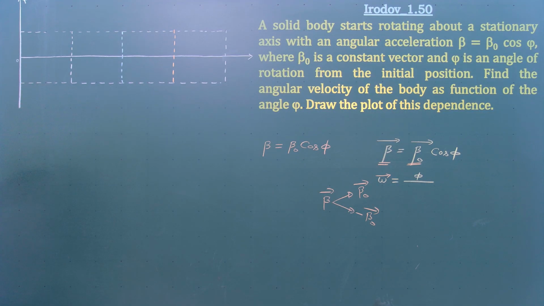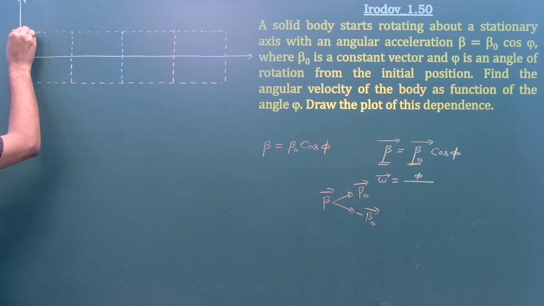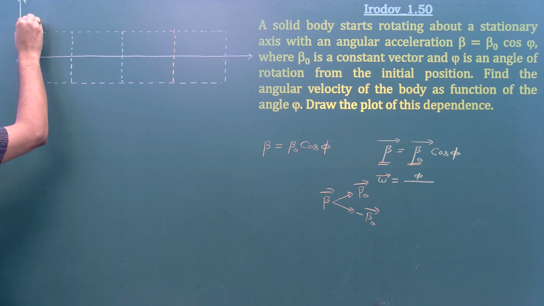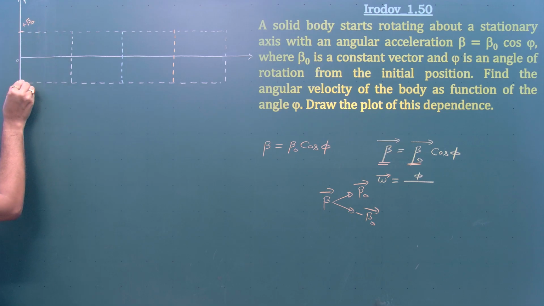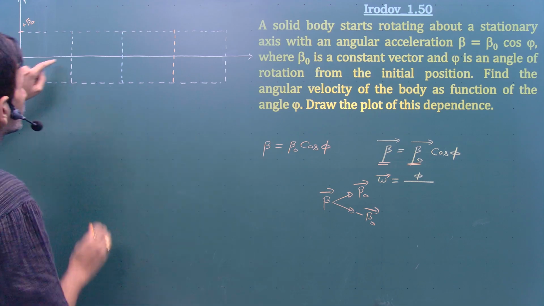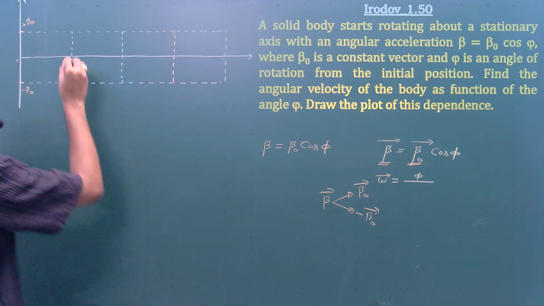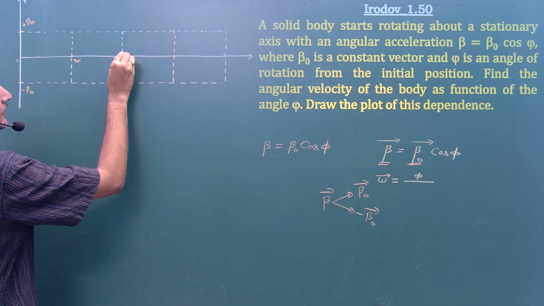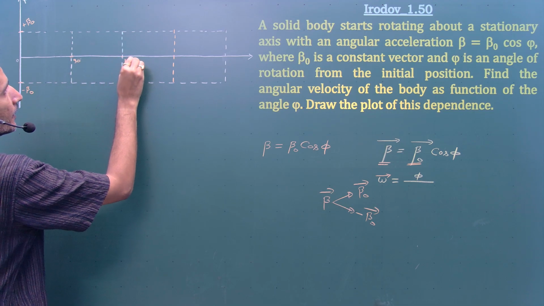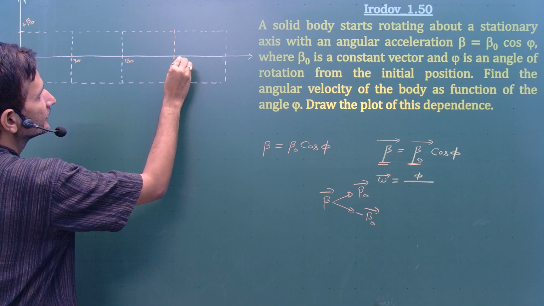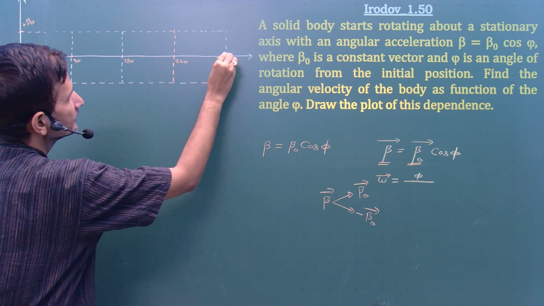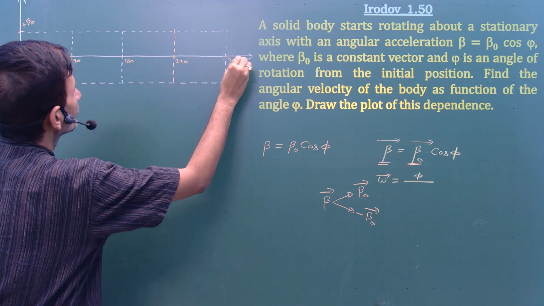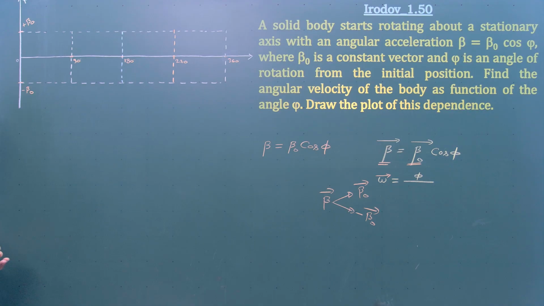This is a cos equation, so the maximum value of beta is plus beta naught and the minimum value of beta is minus beta naught. Now this is the first quadrant, second quadrant, third quadrant, fourth quadrant. So this angle is 90 degrees, this angle is 180 degrees, this angle is 270 degrees, and this angle is 360 degrees. Now in the first quadrant, cos is positive and at 0 cos is maximum.